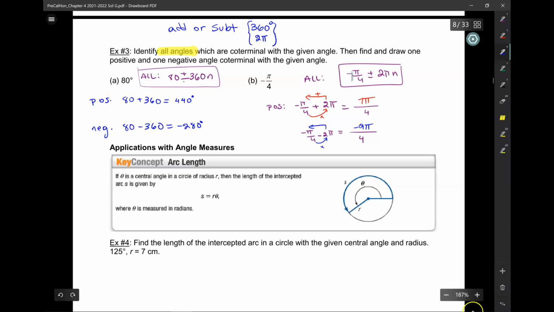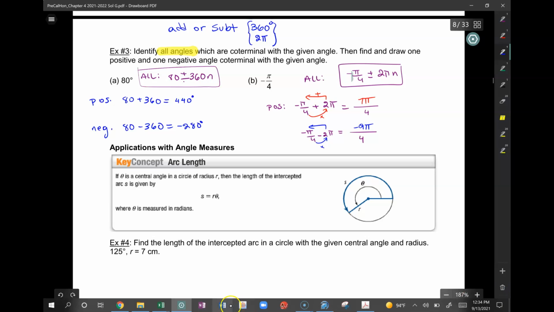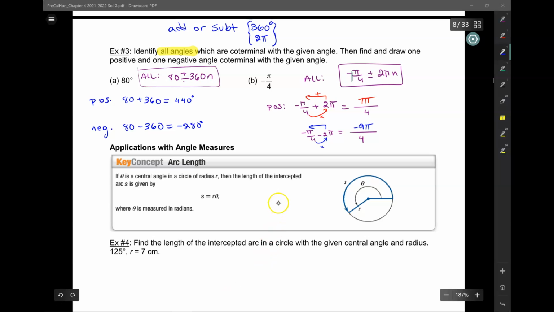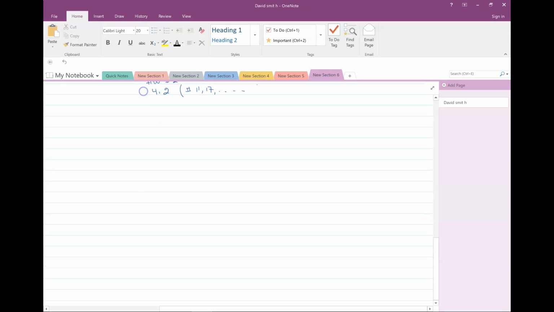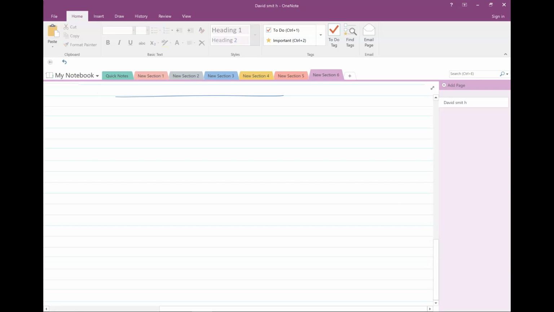Okay? So one other thing I want to hit home is what I was saying earlier. So suppose you have an angle of, I don't know, 660 degrees, okay? And you want to find a positive and a negative coterminal angle, right?